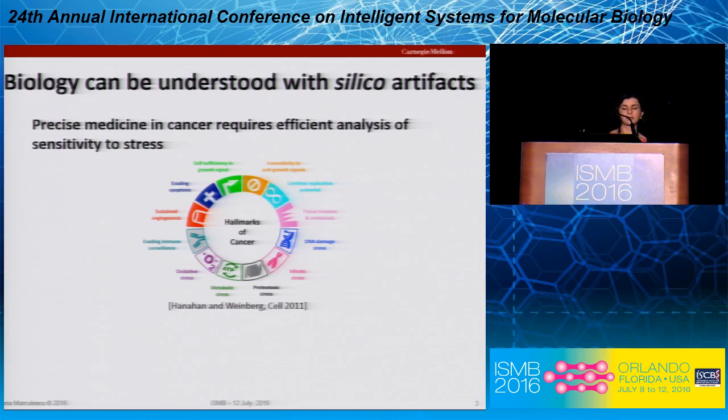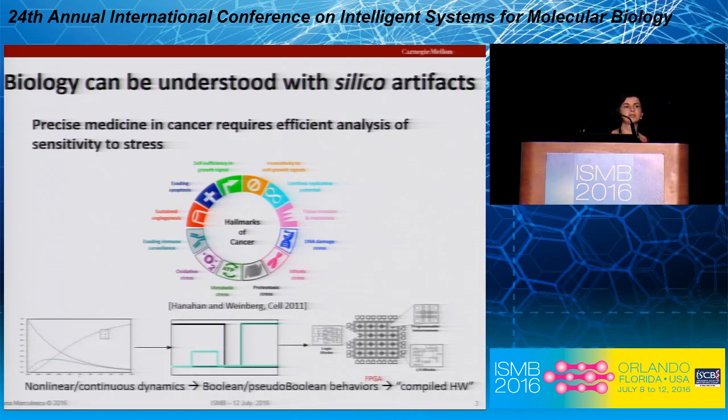So one thing that we thought about is whether there is a way to convert typical nonlinear continuous dynamics that characterize these kinds of interactions to things that we know how to analyze and model in a fast and efficient manner. So for example, here on the left, you have something that could be converted into a Boolean or pseudo-Boolean behavior that could be compiled directly to hardware.